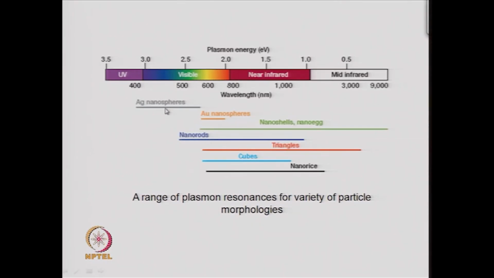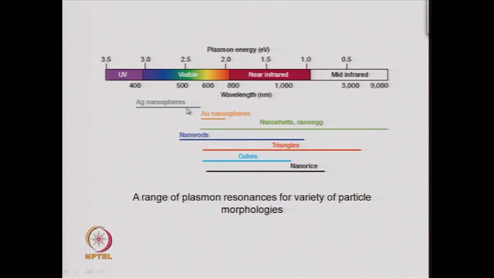For example, if you have silver nanospheres. If you make silver particles of a particular size, then you will have a color which is around blue, but it may also be green depending on the size of the nanoparticles.